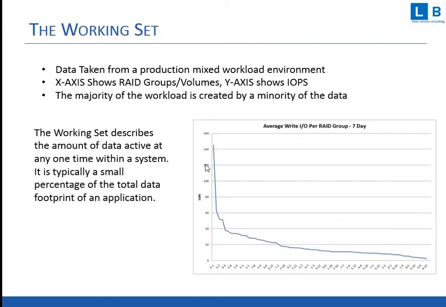What you see here is what is also called the long tail effect, where on the left-hand side of the graph, a small number of volumes are generating the majority of the I/O, and the remainder are generating a very small percentage after that. This is a very typical profile that we see on servers and on storage arrays: a small number of LUNs, or even within a LUN, a small amount of the data, generates the majority of the I/O. That's quite an important factor when it comes to looking at how we implement something like caching.